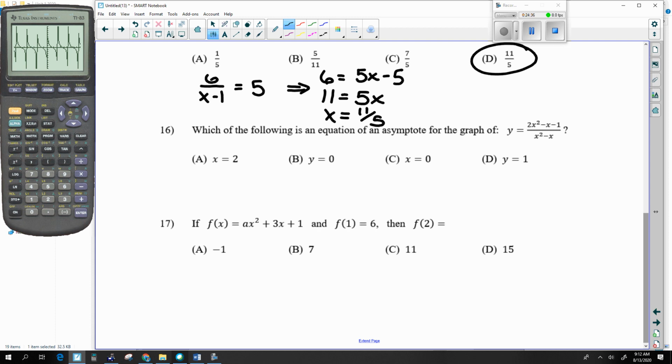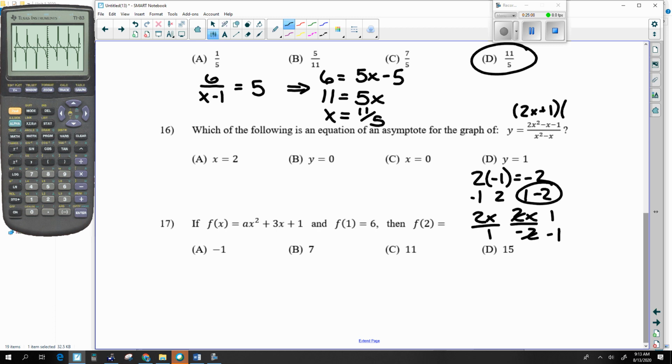Is it an asymptote of the graph? Asymptote, I don't know if we really talked about asymptotes a whole lot. What I'm going to do is factor the top, adding to a -1. All right, so this numerator is 2x plus 1. This denominator is x minus 1.